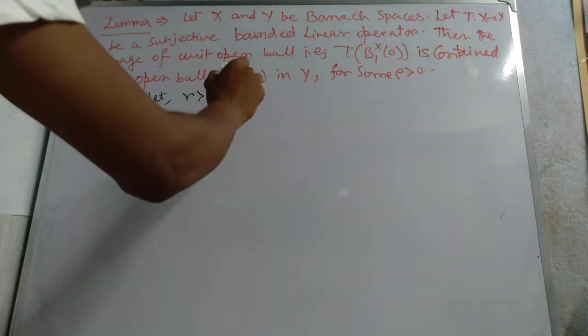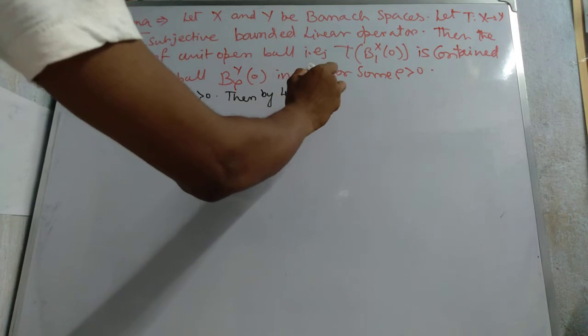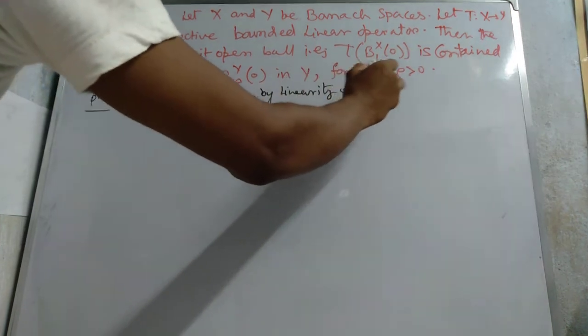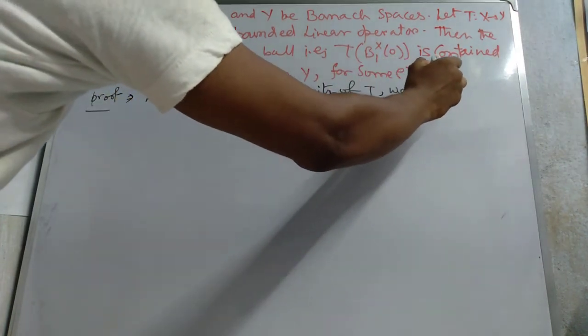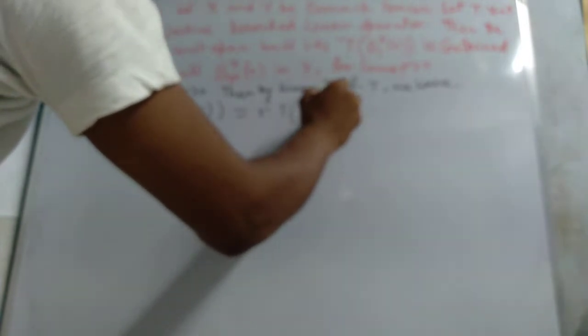Then by linearity of T, we get T(B_r(x0)) = r T(B_1(x0)).